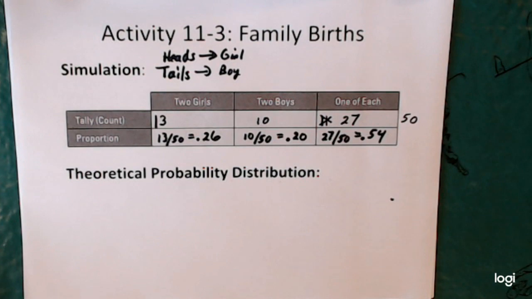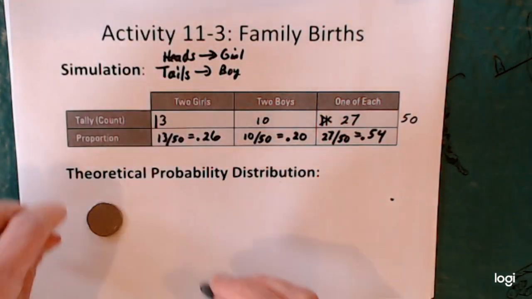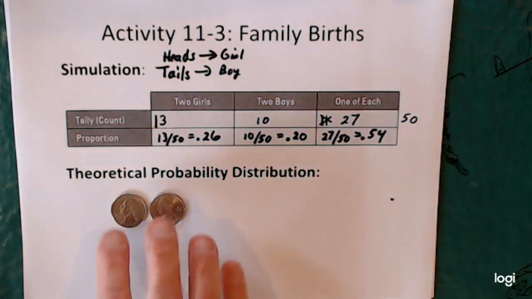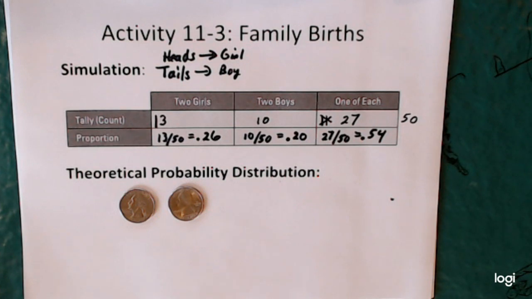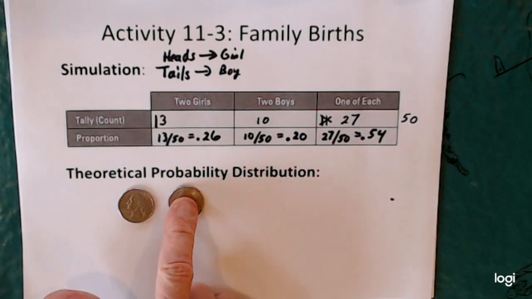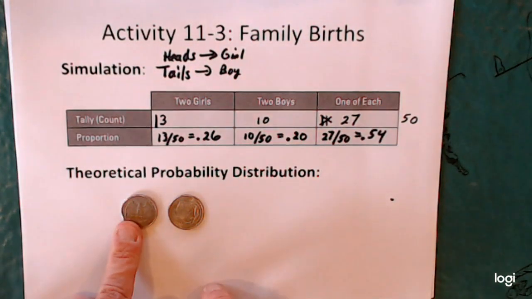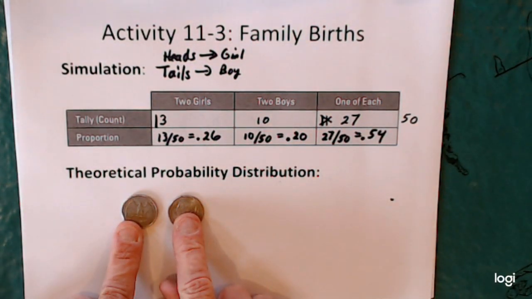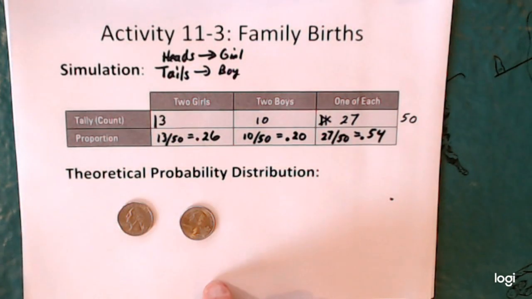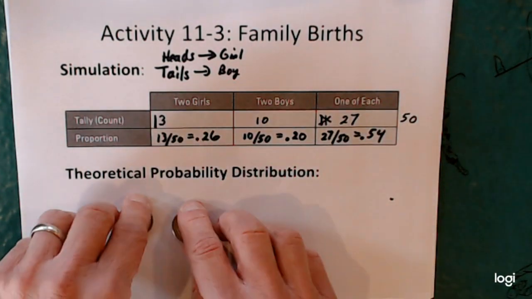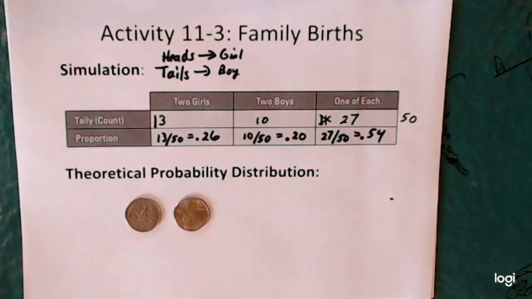And so the other thing that you maybe see is that, okay, when you have 2 kids, the only way to get 2 girls is to have a girl and then a girl. The only way to have 2 boys is to have a boy and then another boy. But there's 2 ways to have 1 of each, right? You can have a girl and then a boy, or you can have a boy and then a girl.